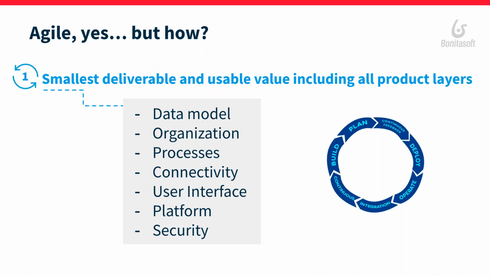I am going to go deeper into each layer, and to do so, I would like to refer to a concrete example in Bonita in order to make it a bit more realistic.